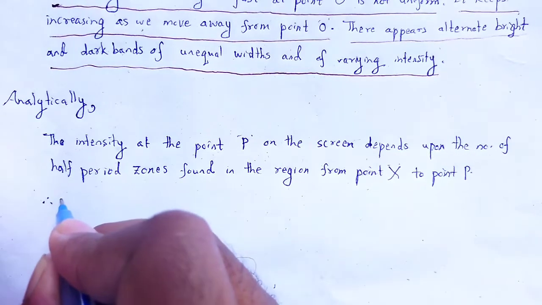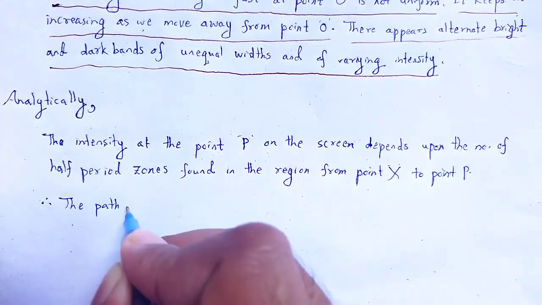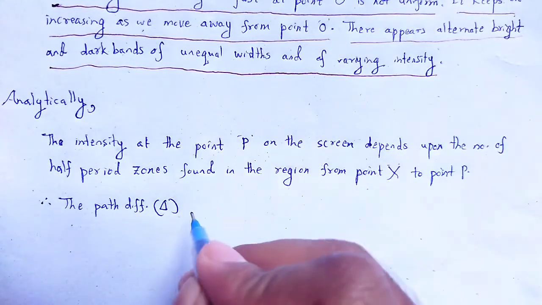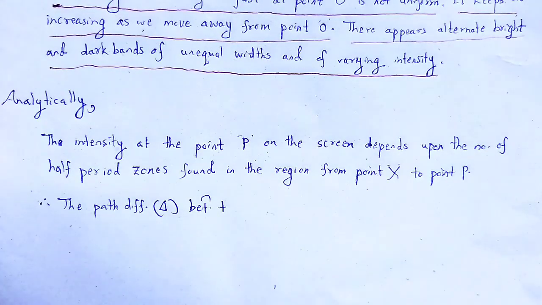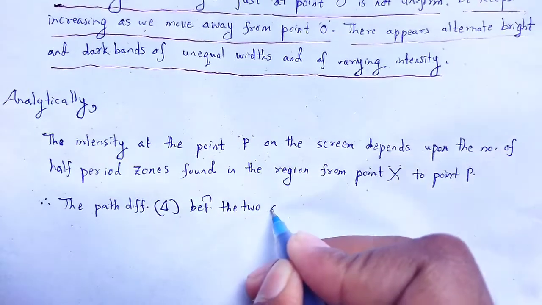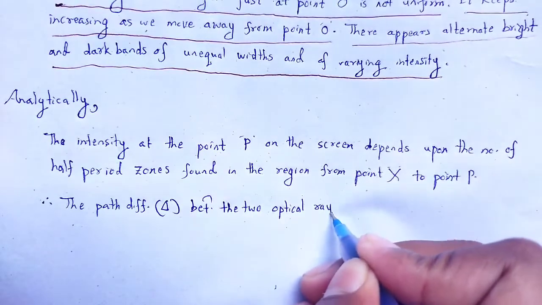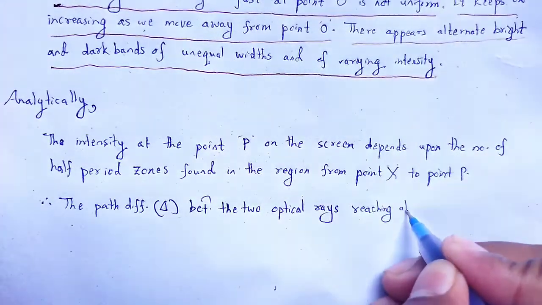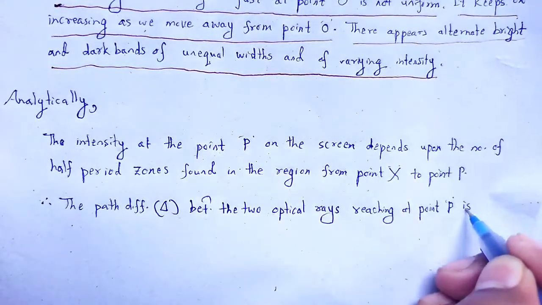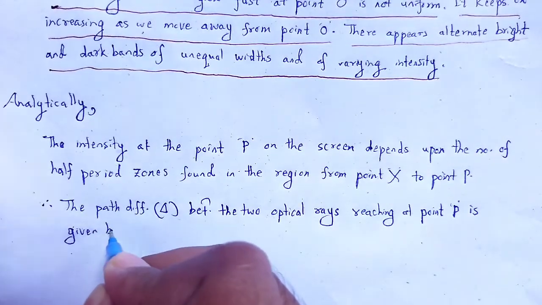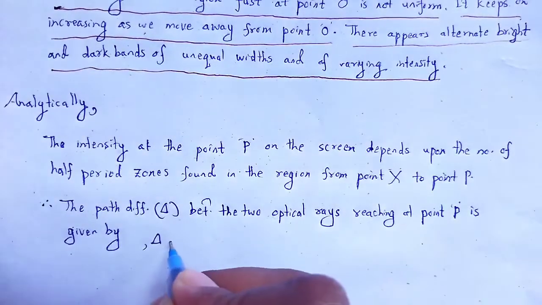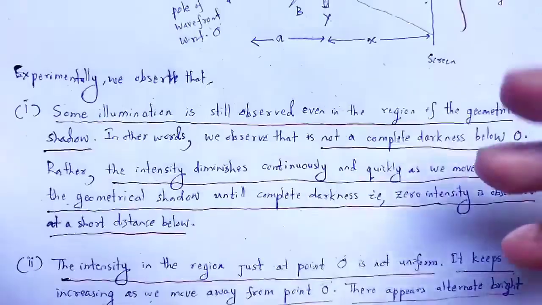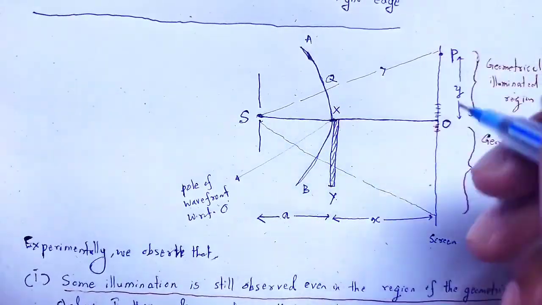So, the path difference delta between the two optical rays reaching at point P is given by delta equal to XP minus QP.